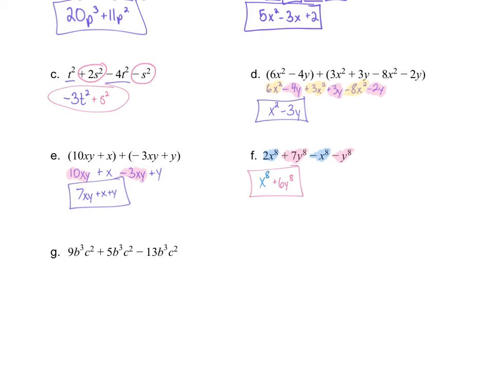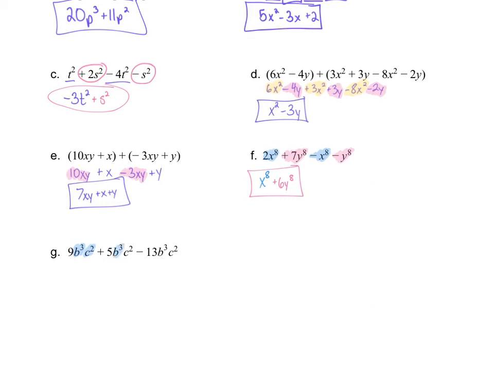All right, letter G might look a little bit confusing to you. But if we want to combine any of these things, we need all the same variables and all the same exponents. This first one, b cubed c squared. If I want to combine it with anything, it needs to have exactly b cubed and c squared.